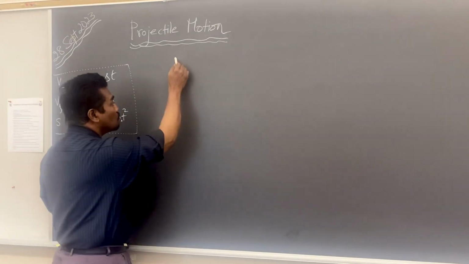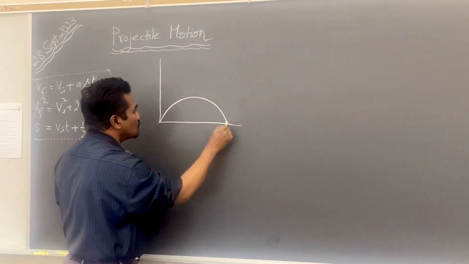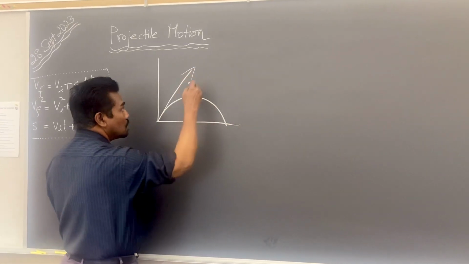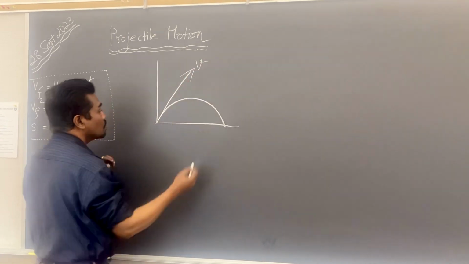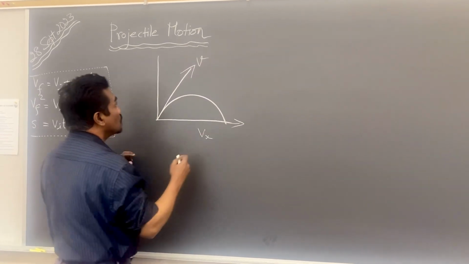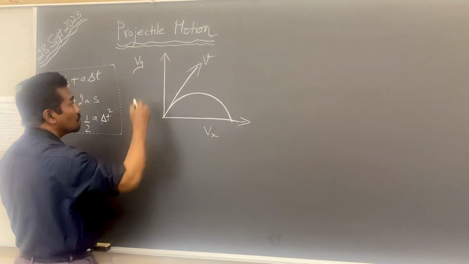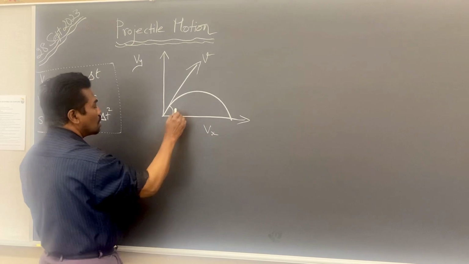In projectile motion, suppose the body has been thrown at an angle theta with a velocity v. This is the x component, vx, and this is the y component, vy, with that angle theta.